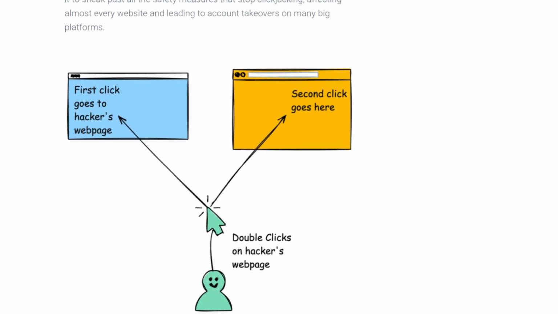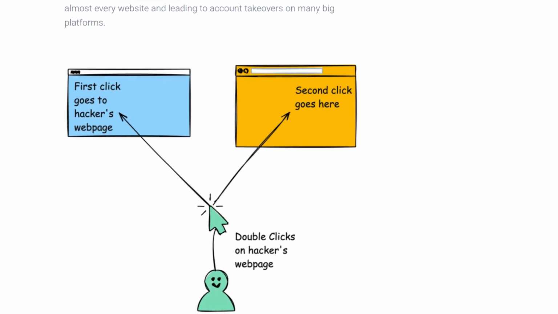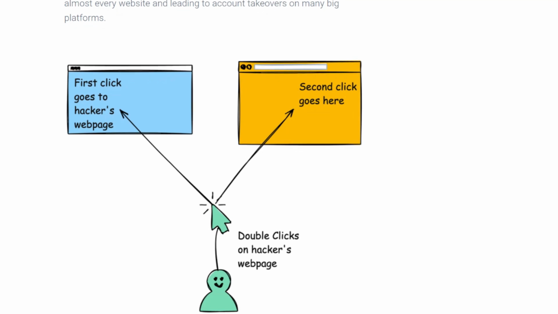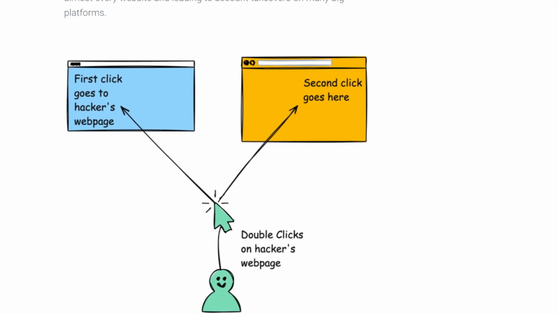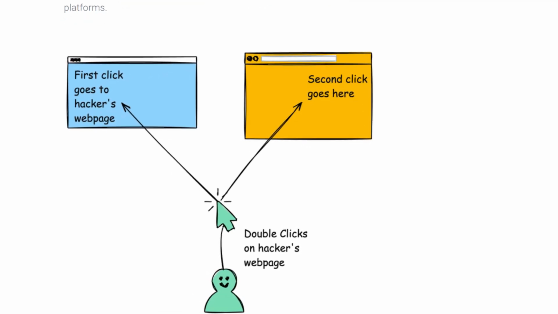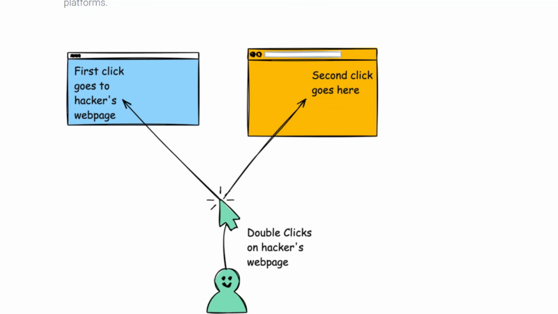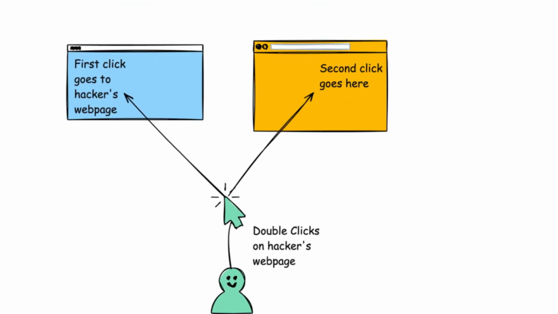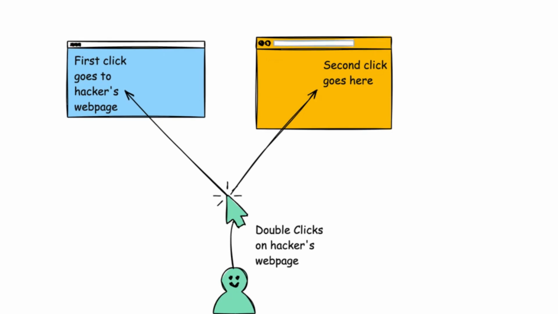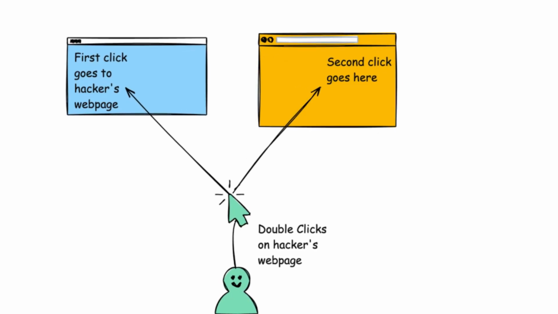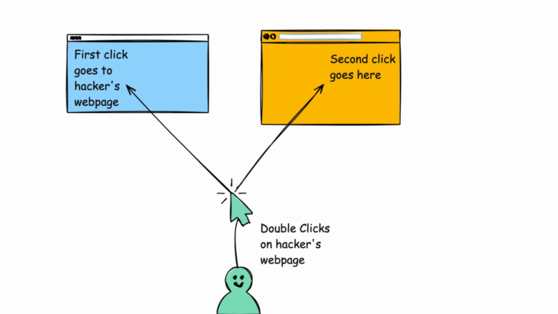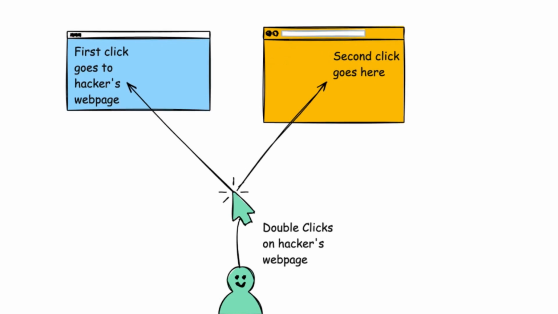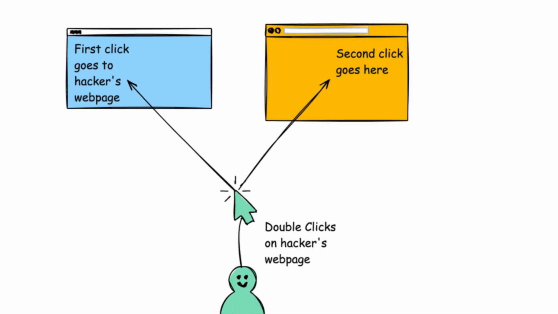and when they do that, the first click goes to the malicious actor's web page, but the page is designed in such a way that it will quickly redirect the user to the target website immediately after the first click. So the user starts double clicking immediately after the first click.